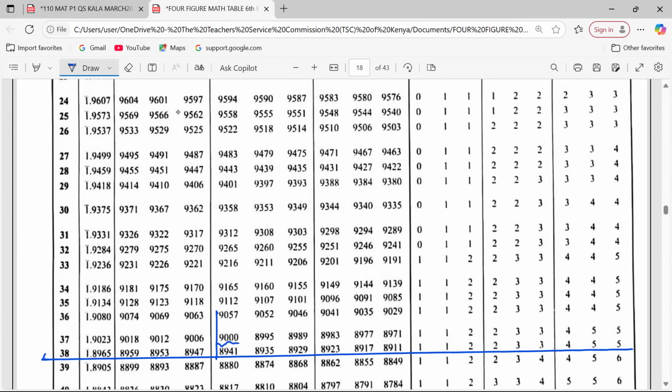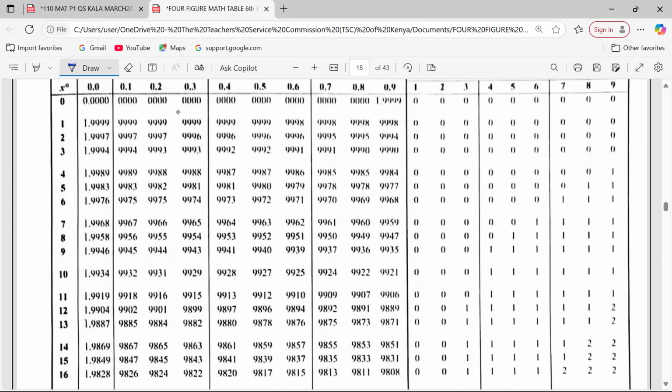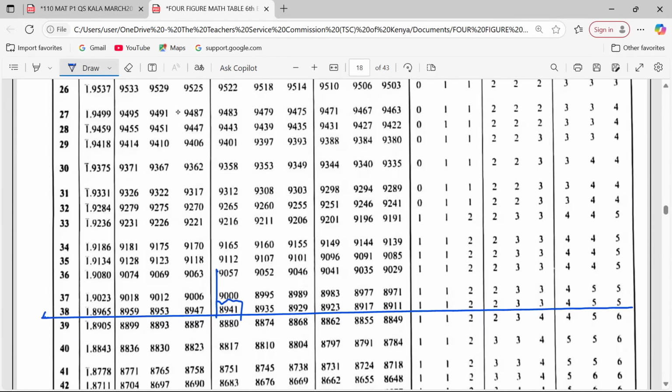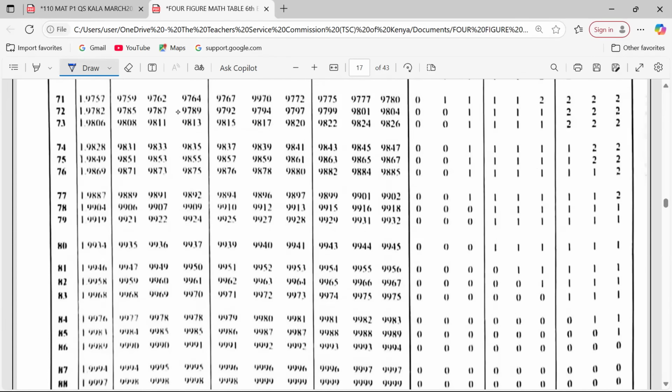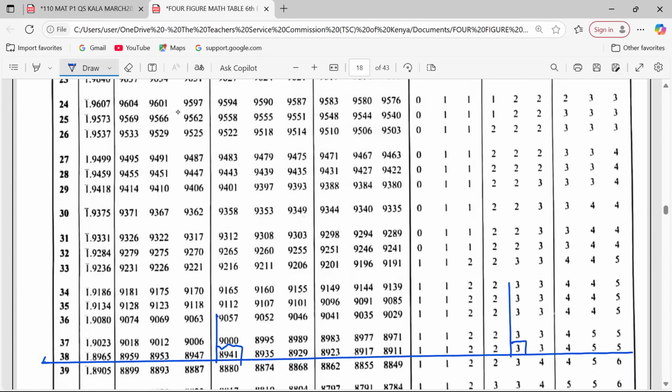Then 5. On the differences side, where there is 5, we go down that column until we find there is a 3 here. On the differences side, we are supposed to subtract. This one is very key. We are subtracting, we are not adding.